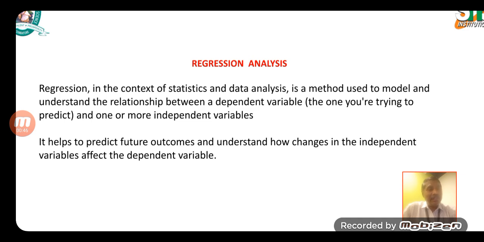In short, regression analysis is the relationship between two means, or the relationship of arithmetic means. It helps to predict future outcomes and understand how changes in the independent variables affect the dependent variable.